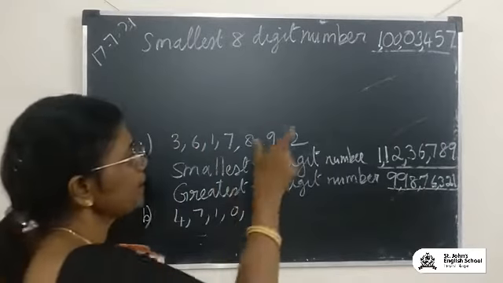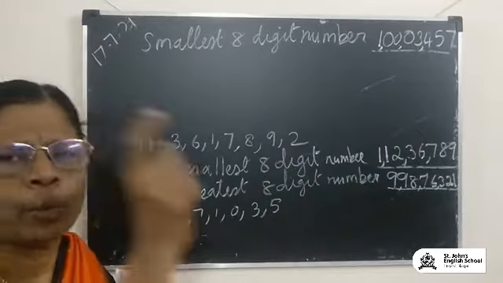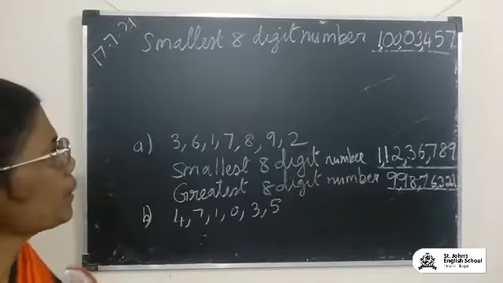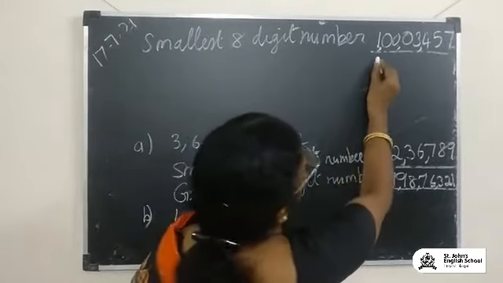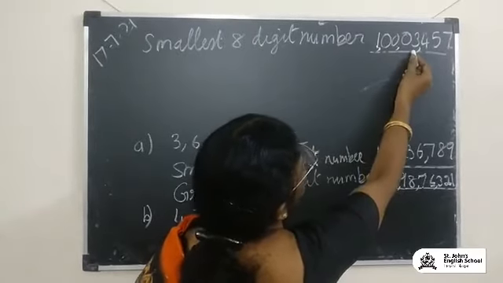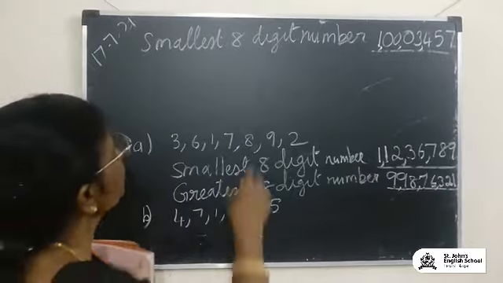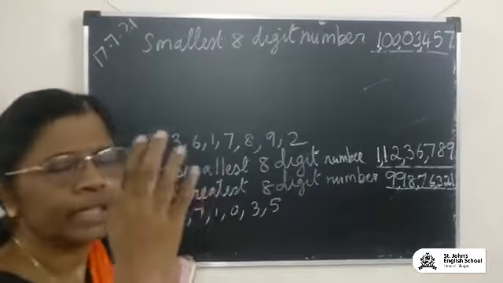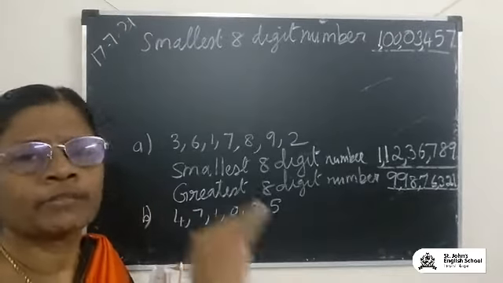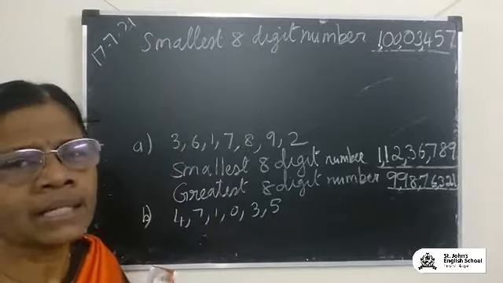So when you write the answer, the comma should be coming after the ones place, thousands place, lakhs place, like that. Okay, this is going to be 1 crore 3,000 because no lakhs place. 1 crore 3,457. So in the smallest number only, even though you don't write 0 in the beginning but 1 in the beginning, you have to repeat only the 0 2 more times to make it an 8-digit number.